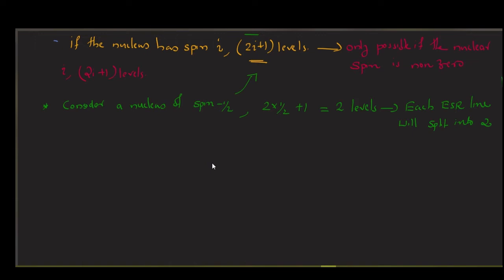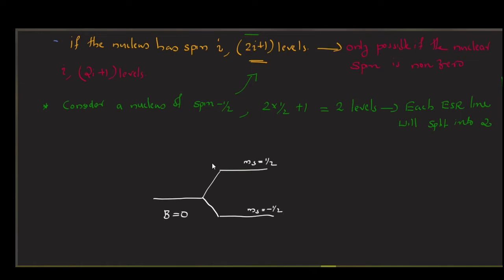Let us revise the previous diagram. An unpaired electron in a zero magnetic field. When the magnetic field is applied, the level will split up into two. This corresponds to ms equal to half, and this corresponds to ms equal to minus half.